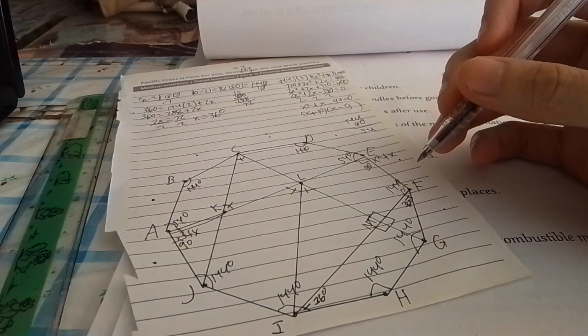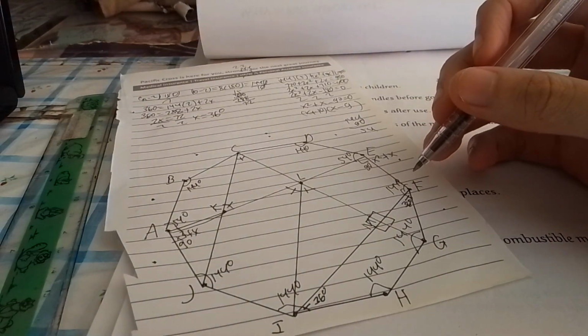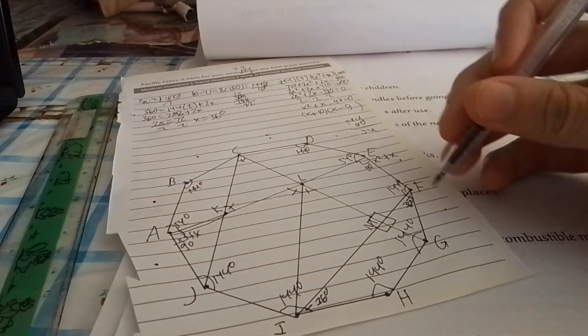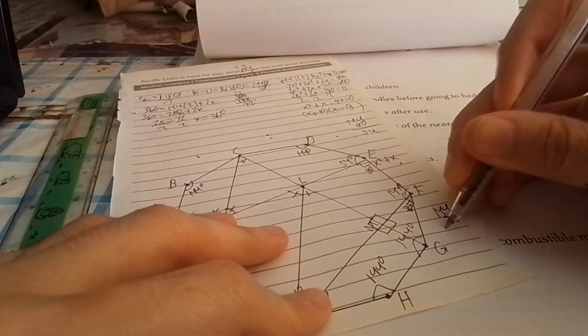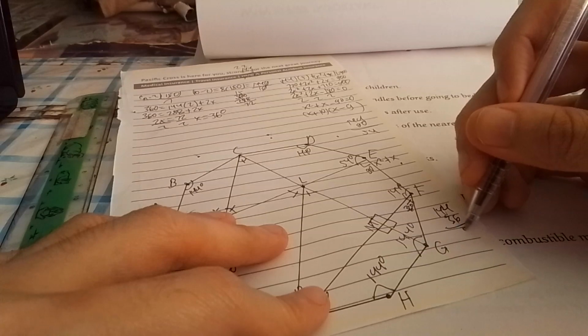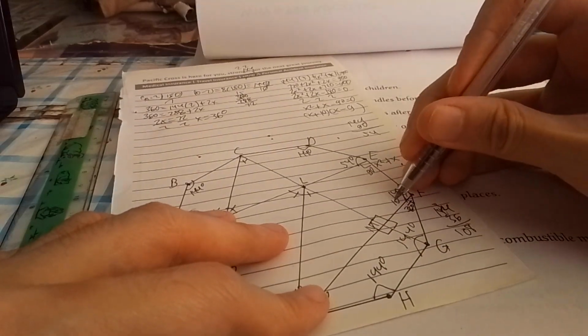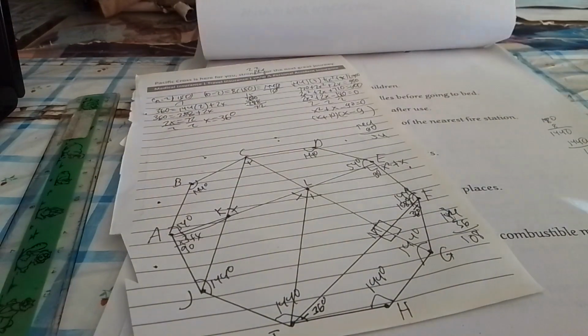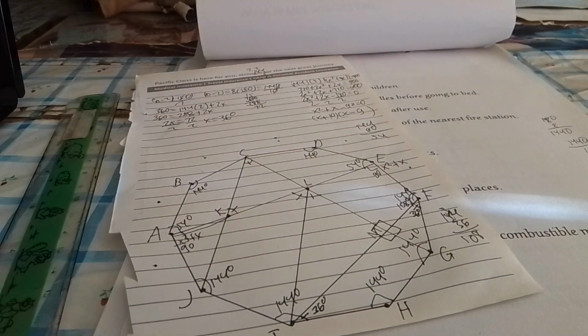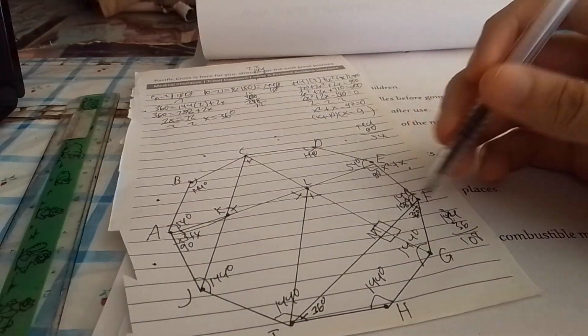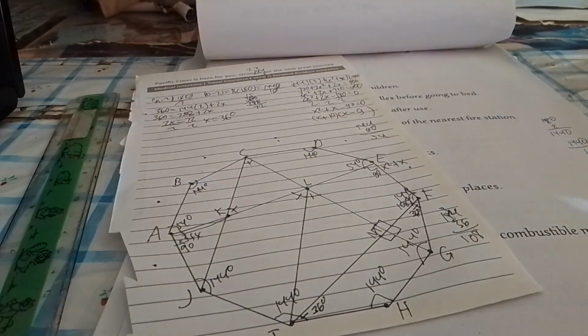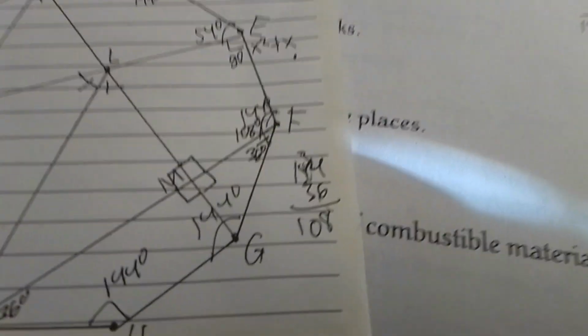Because remember, this angle measures 144 degrees. So, 144 minus 36, and you should get 108. This angle must measure 108 degrees, as you can see there. Okay? So, 108. And when you sum this up together, you should get a total of 144 degrees.